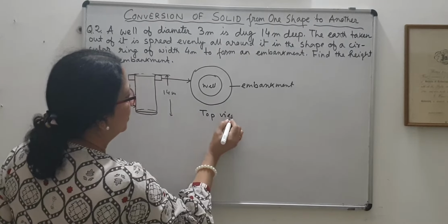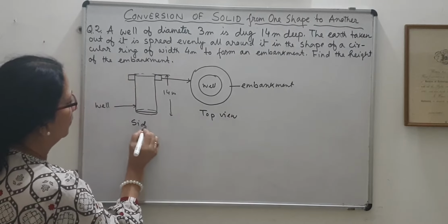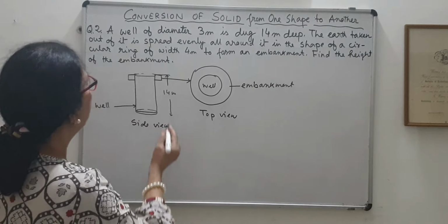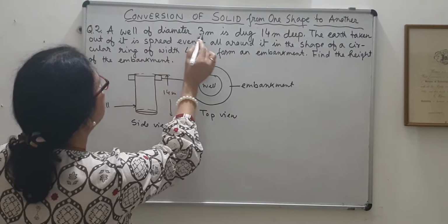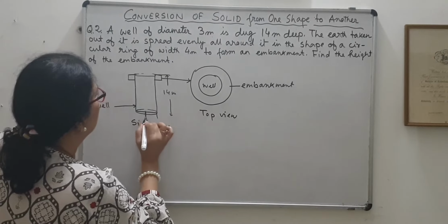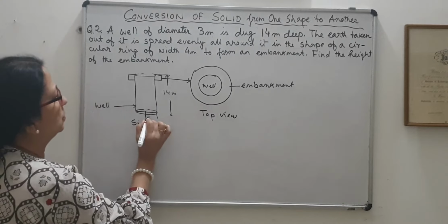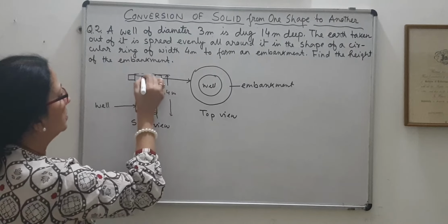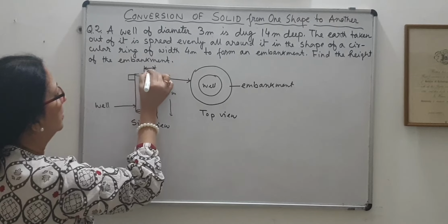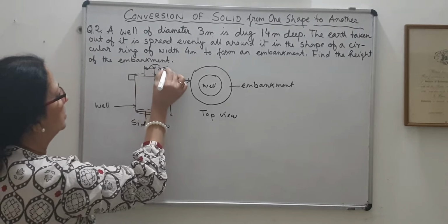This is the top view and this is the side view, so that you can visualize the thing. Now according to the question, the well diameter is 3 meter. So this diameter, this radius will be 3 by 2. So this radius R, this is R. This R is 3 by 2.